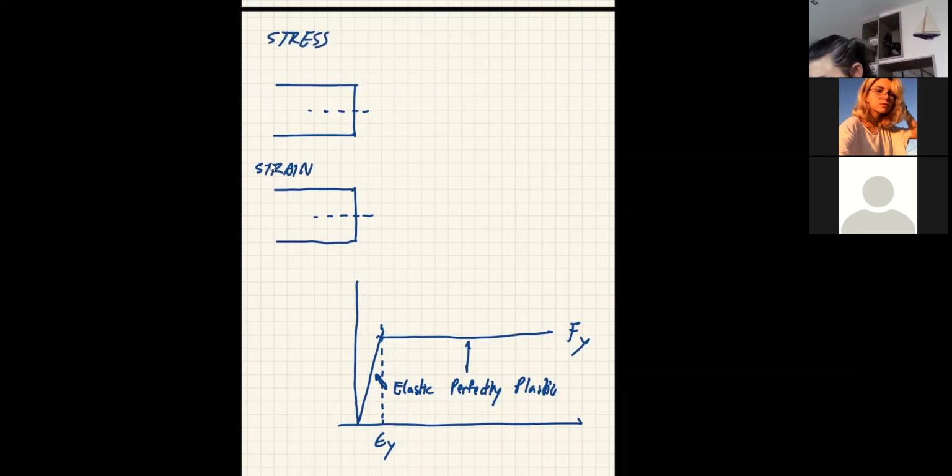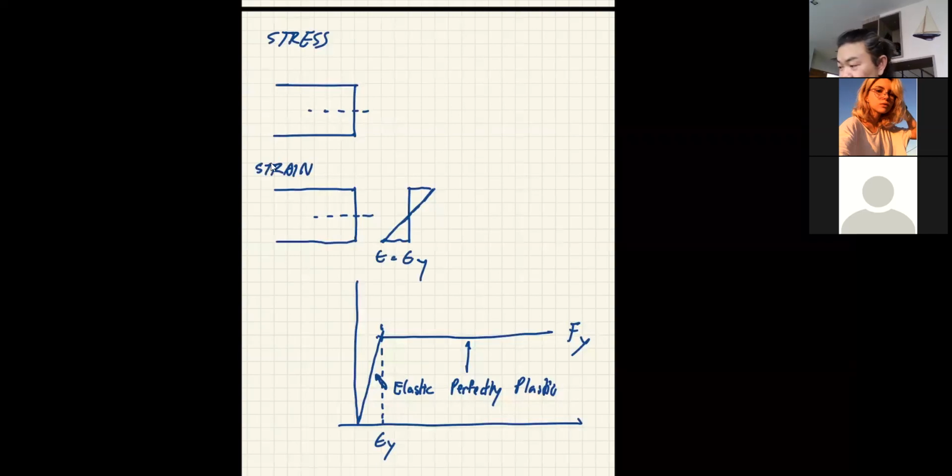When the first yield occurs, if this is the strain in your section, this strain is equal to epsilon y, right? When the yielding first occurs. So it's right here. This is point 1, first yield.